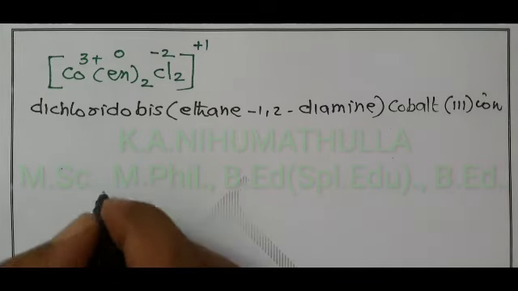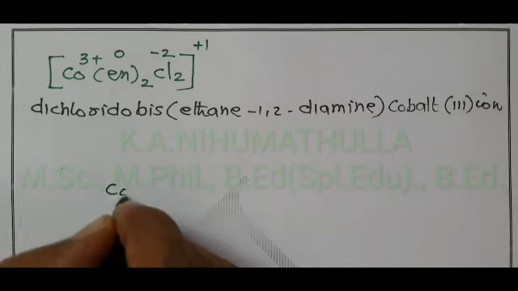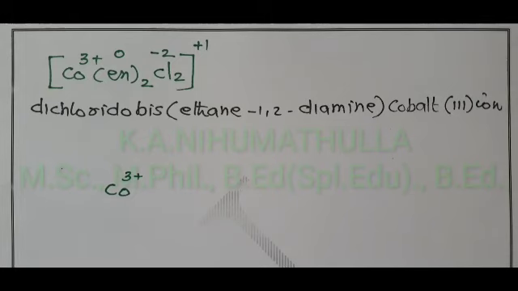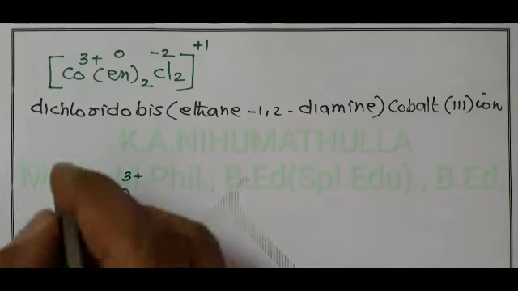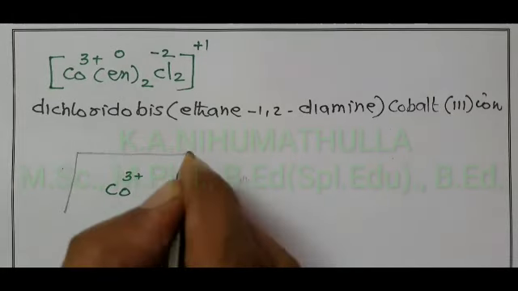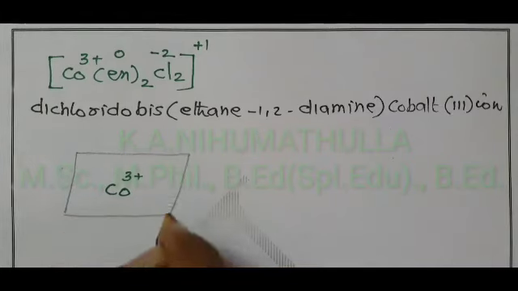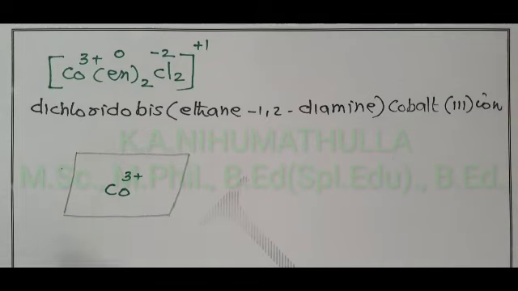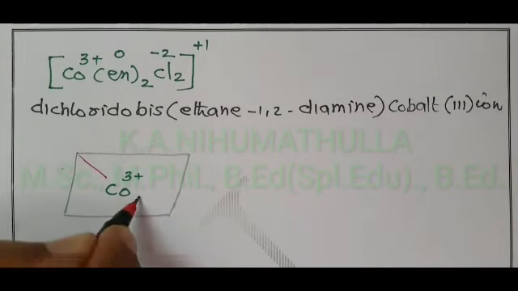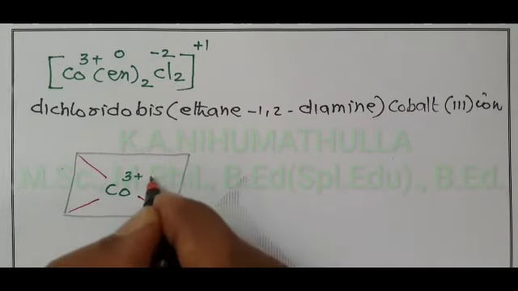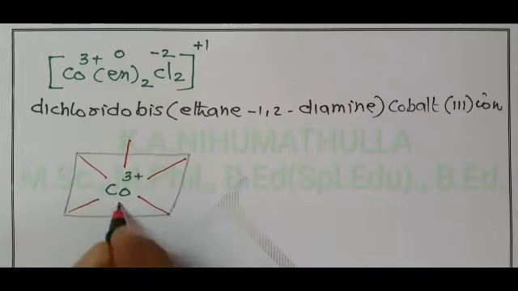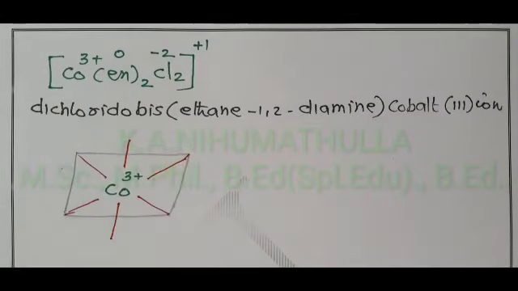Cobalt at the center, it is a 3 plus ion. Cis form means the two chlorine atoms are in 1,2 position. Trans form, two chlorine atoms are in 1,6 position, that is trans form. Here you have one bond, here one bond, here one bond, here one bond, above the plane, below the plane. This is octahedral.